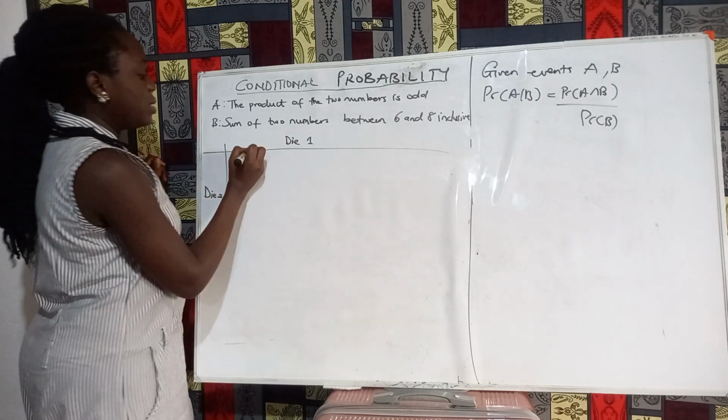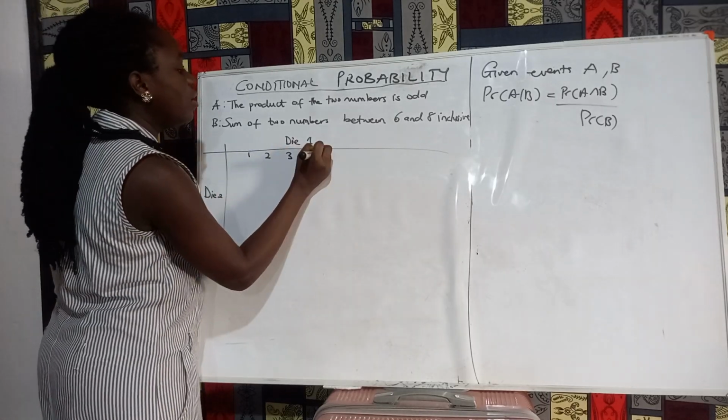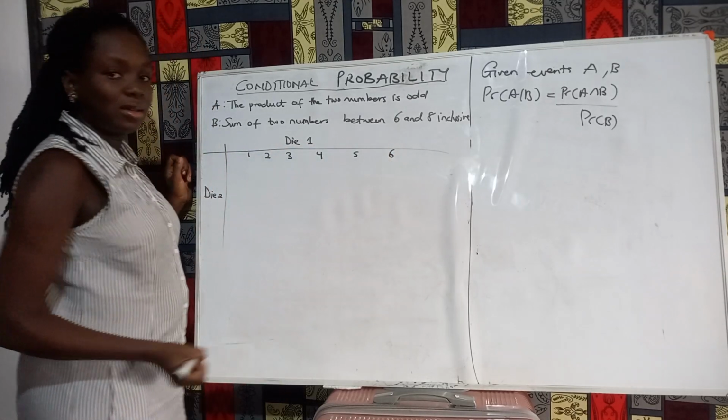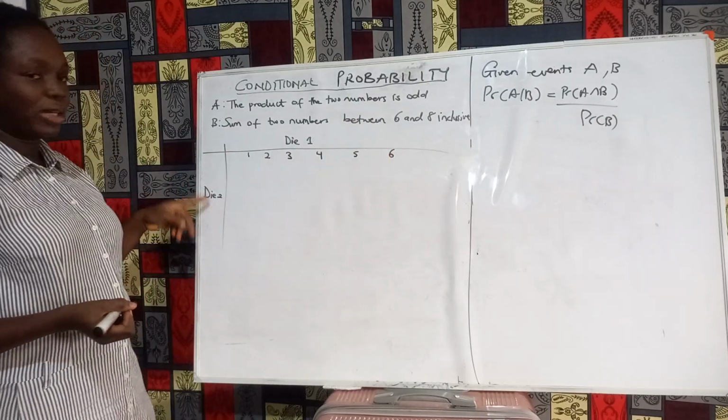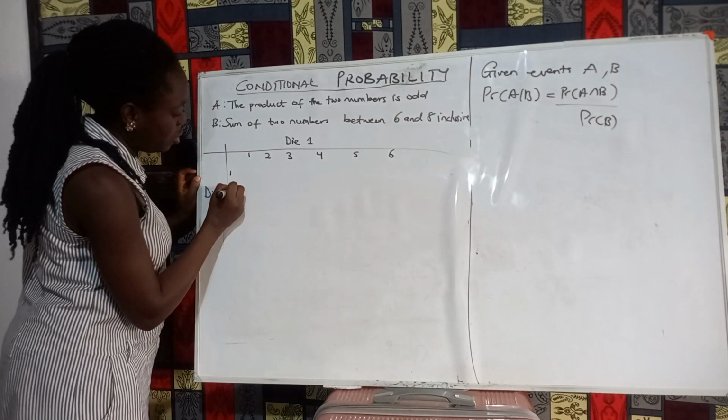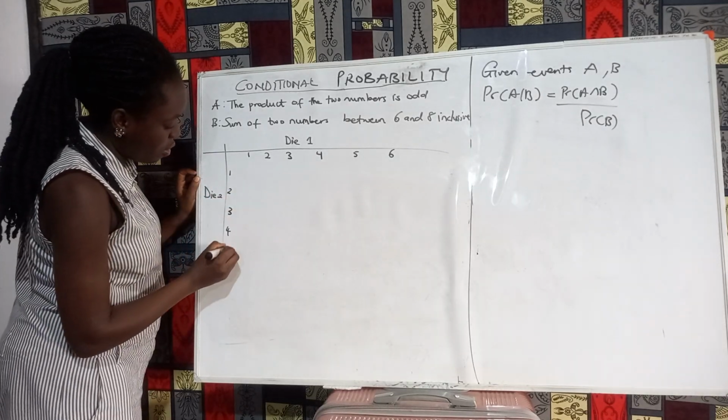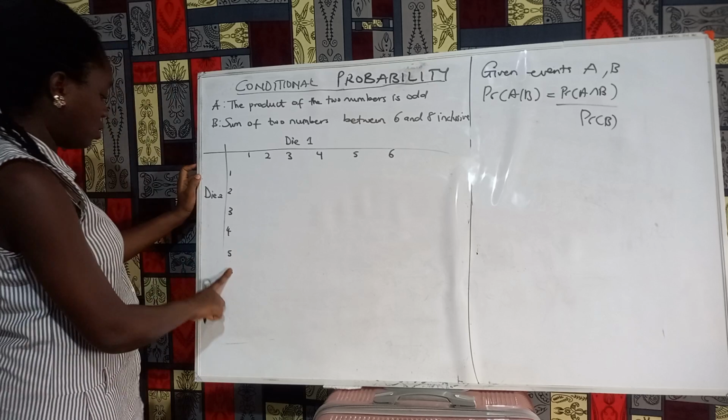Die 1 has outcomes either 1, 2, 3, 4, 5, or 6. When you roll a fair die, you get one of these. Same for die 2.